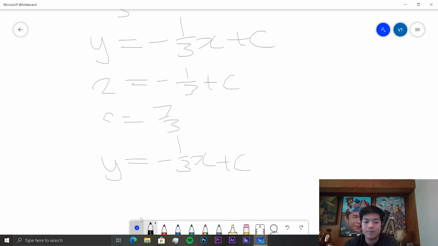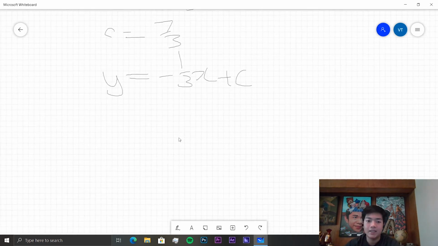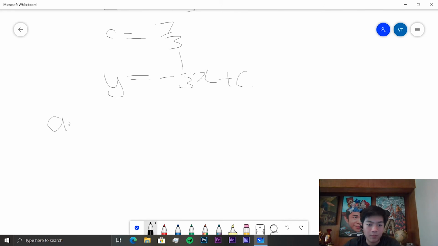Now one last thing, this is one way to arrange a linear equation, but there are other ways, and sometimes how you would express it is in the form ax plus by plus c equals 0. And that's how they're asking us to express it, so let's rearrange this. We have y equals negative 1/3 x plus 7/3.